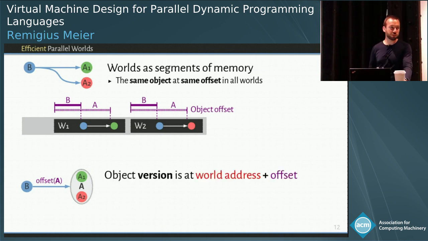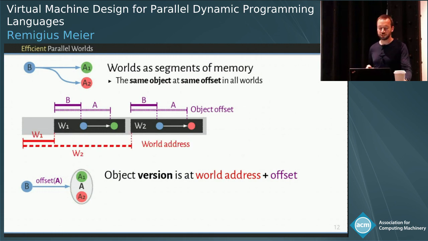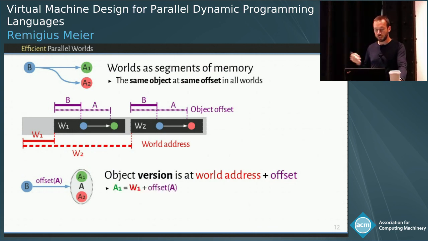If you want to get to the object version, however, we also have to know in which world we are, and we have to use the world address, the start address of the world in the virtual memory. World 1 is at W1 here. To get to the version A1, we need to add the world address W1 and the offset of the logical object A together.